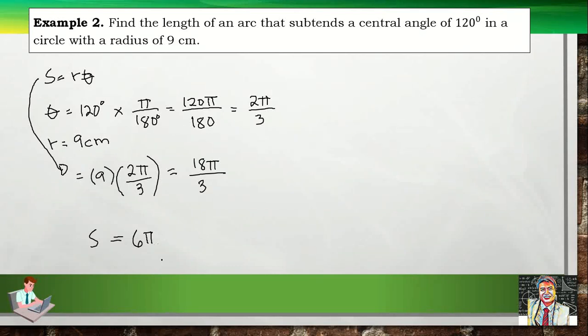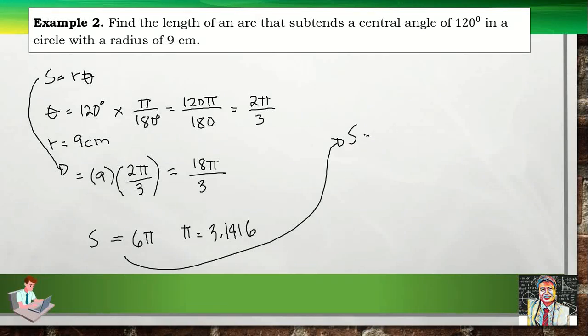So in pi, gamitin natin value for pi, that is 3.1416. So substitute natin diyan, so that will become s is equal to 6 times 3.1416.